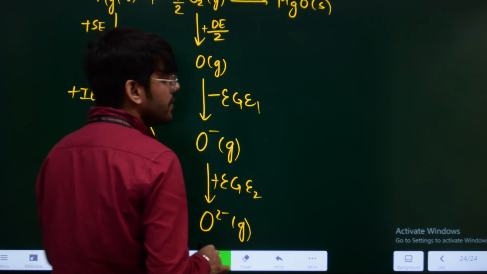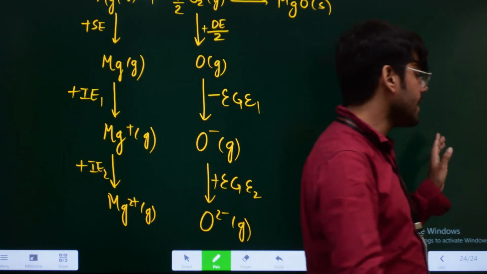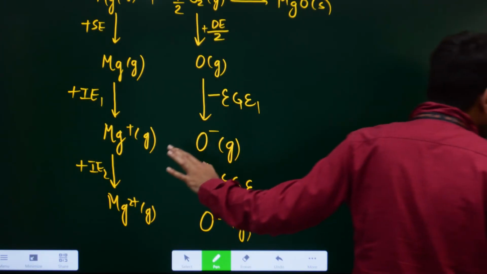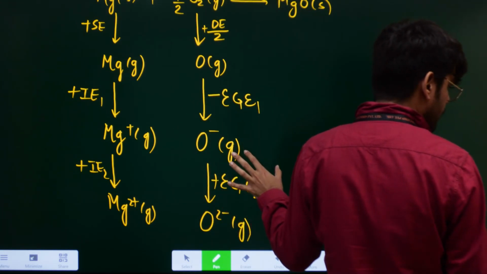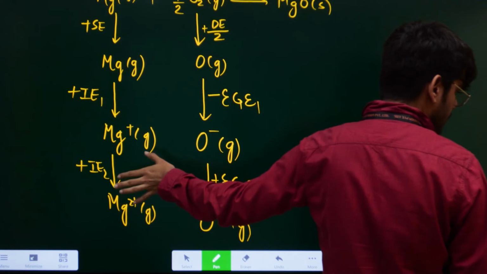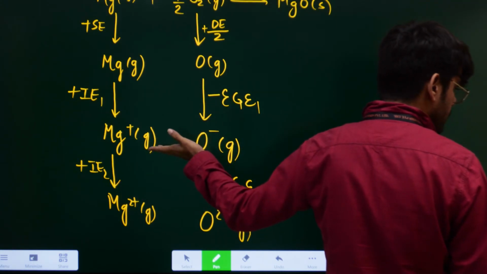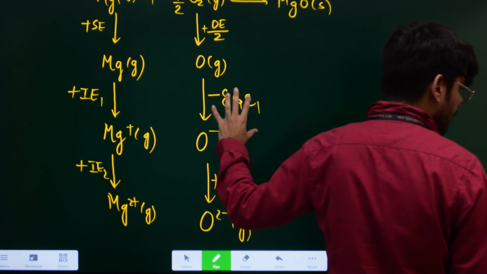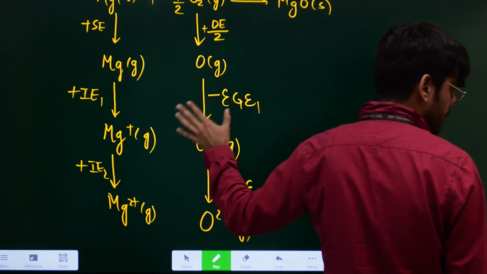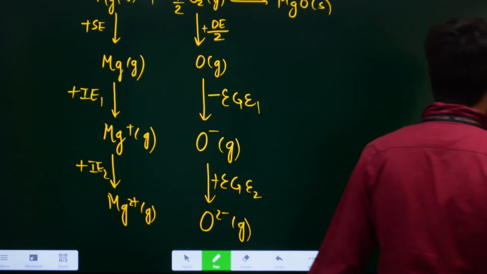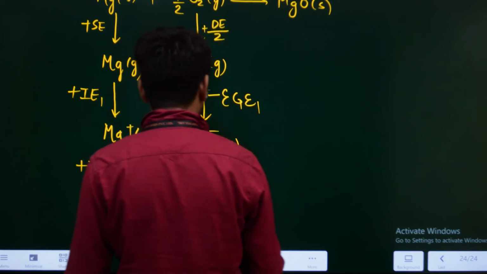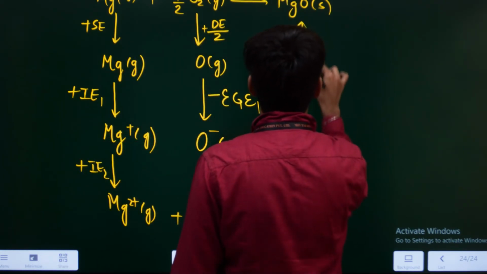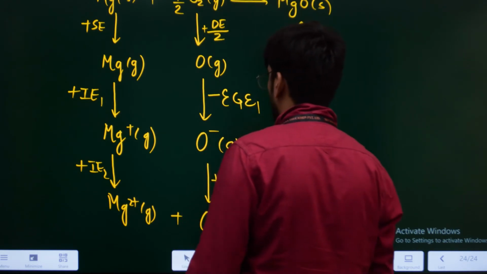Plus sign, because the second electron gain enthalpy is endothermic for obvious reason, because you are adding a negative electron to the negative charge, to the anion. So basically there are repulsions. First of all you need to overcome the repulsions in order to add the electron. So that is why you are supposed to provide the energy. And finally you are adding these two, and this is from lattice energies.